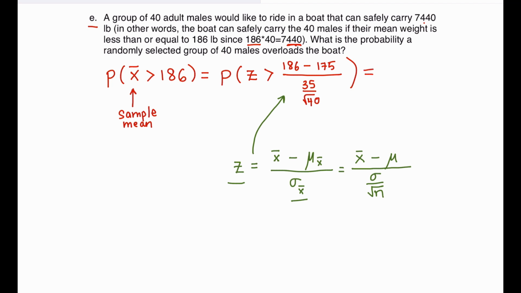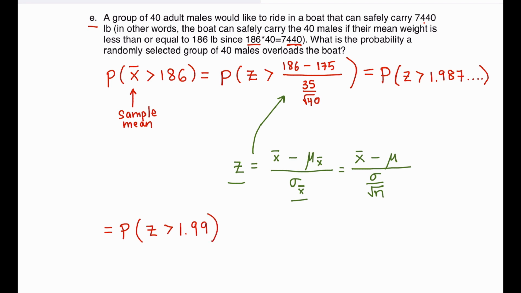I did the calculation, and this comes out to be about 1.987. It's a z-score, so I am going to round to just 2 decimal places since I plan on using the table. You can use technology also.